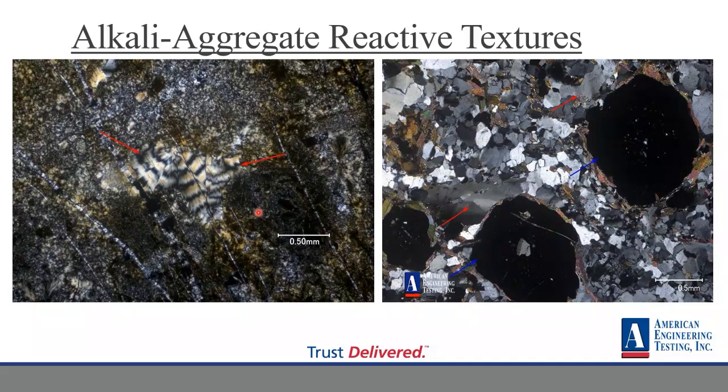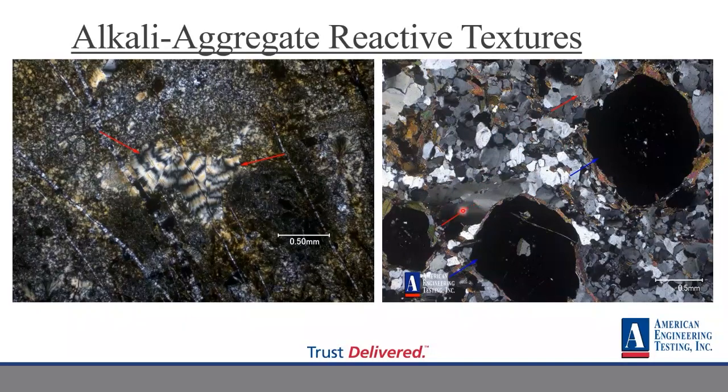And there are other tests that can be performed, physical tests that can show those expansive properties. The picture on the right, that's of a garnet gneiss, another type of quartz that can cause that alkali-silica reactivity is microcrystalline quartz or strained quartz.